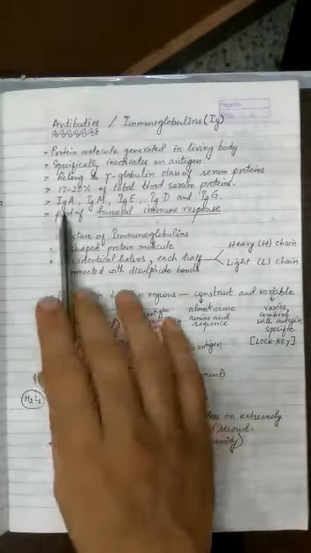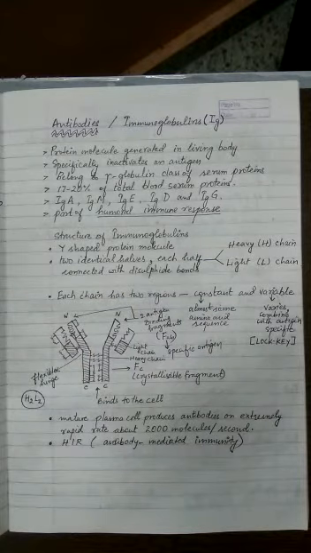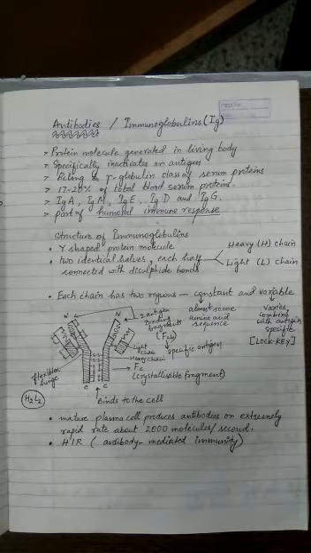Then we learned there are various types: A, M, E, D as well as G. Antibodies constitute antibody-mediated immunity, also called the humoral immune response. We learned about the structure of immunoglobulins, that they are Y-shaped and made up of two heavy chains and two light chains. That's why they are represented as H2 and L2.